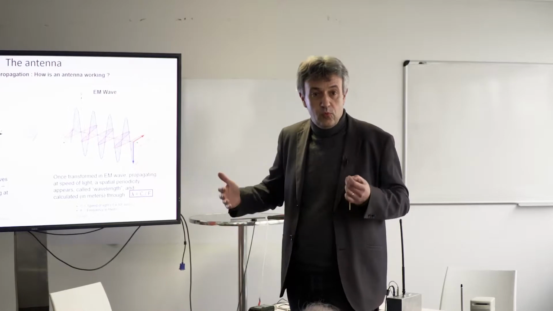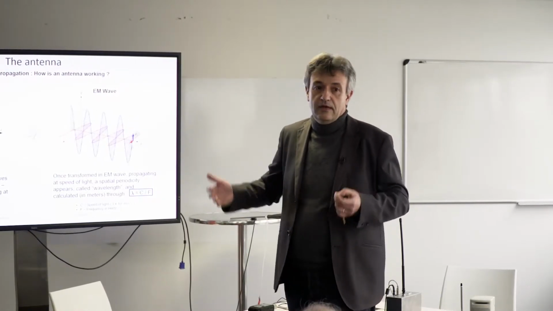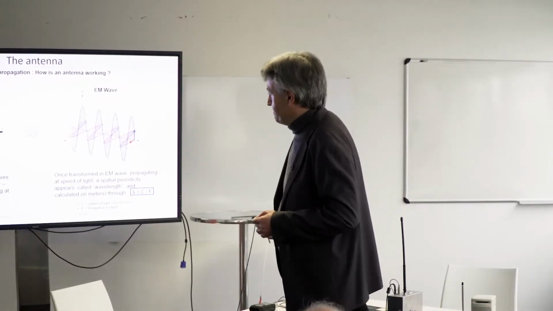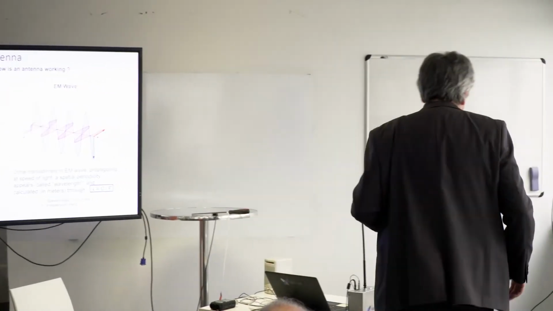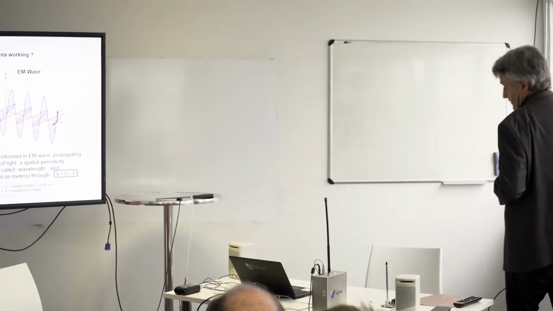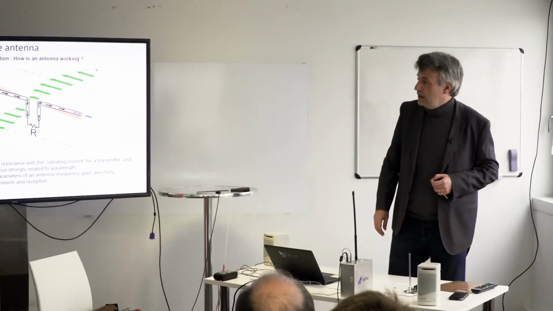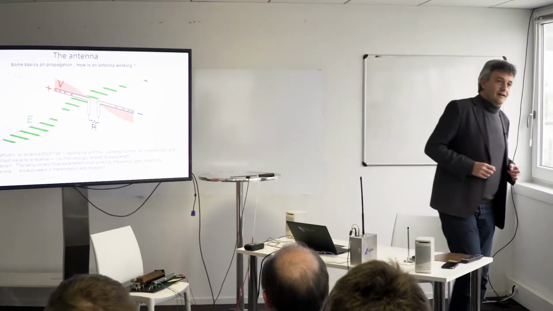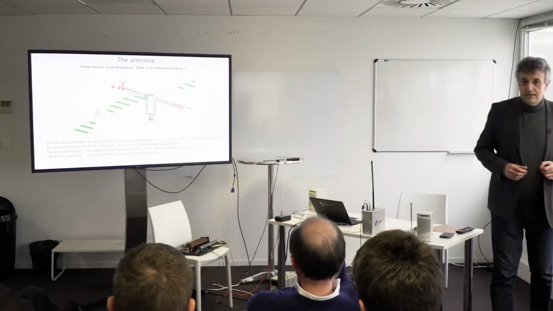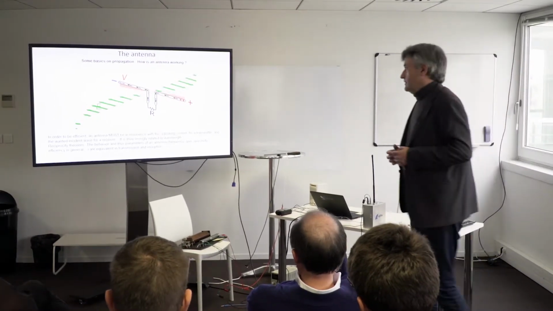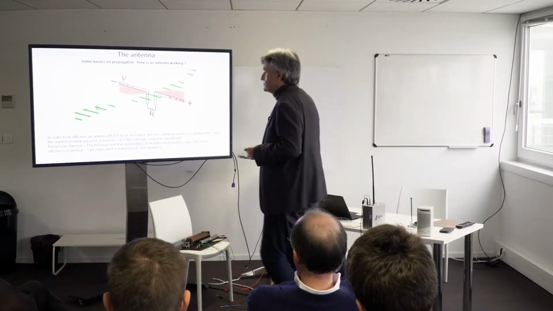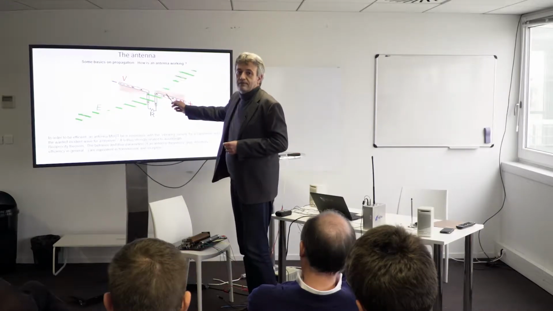So your wavelength is 300,000 kilometers. Okay? So because of this spatial periodicity, there is a great chance that the stuff which is creating the wave has to be in relation with the wavelength.